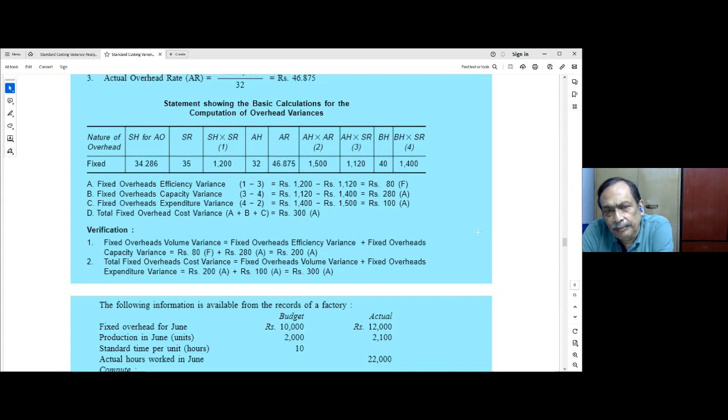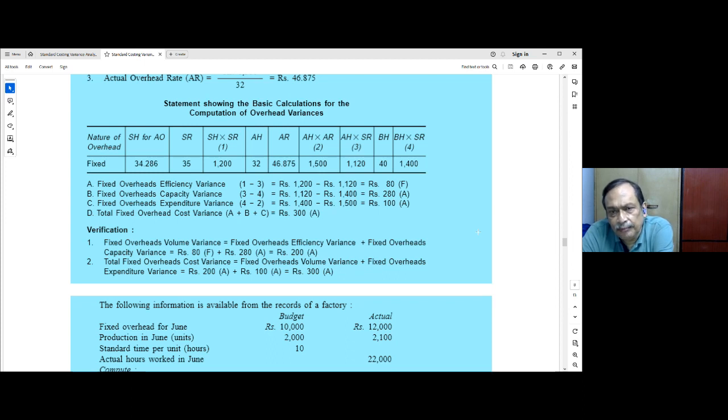So fixed overhead efficiency variance will be 1 minus 3, that is rupees 1,200 minus rupees 1,120, that is rupees 80 favorable. Fixed overhead capacity variance, that is 3 minus 4, it comes to rupees 1,120 minus 1,400, it comes to 280 adverse.